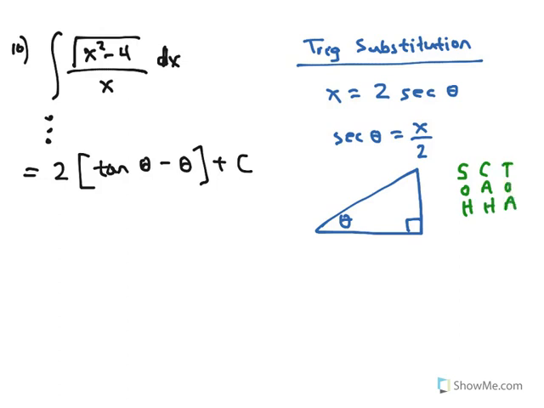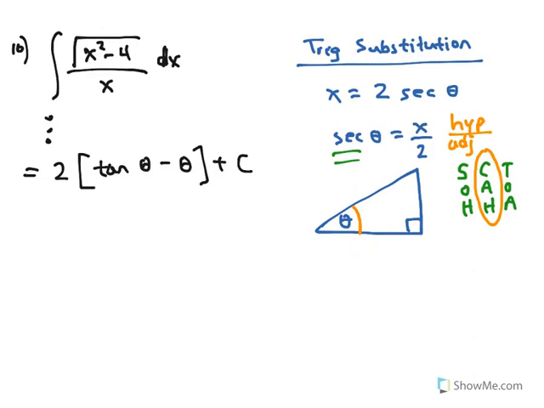So SOH-CAH-TOA. We know that secant is the reciprocal of cosine, so secant of theta is going to be hypotenuse over adjacent. Knowing that, we can label our triangle as follows. From the perspective of the acute angle theta, this would be the adjacent side, and of course the side opposite the right angle is the hypotenuse.